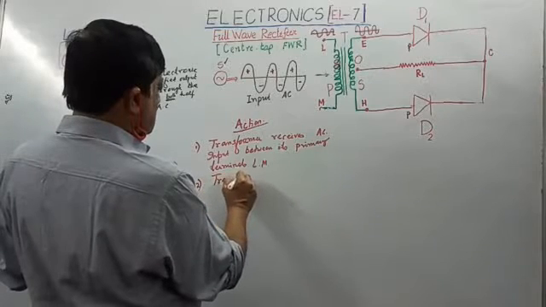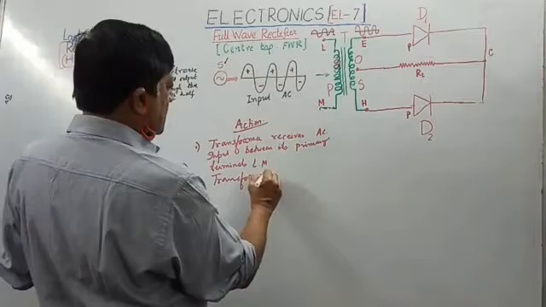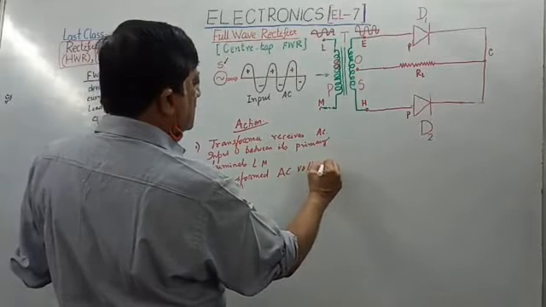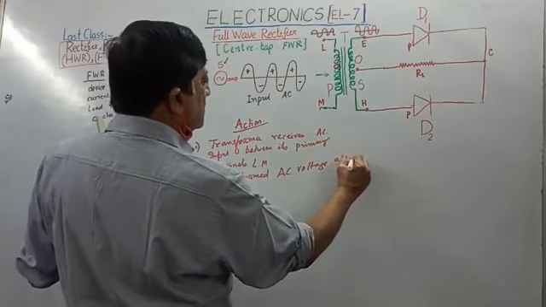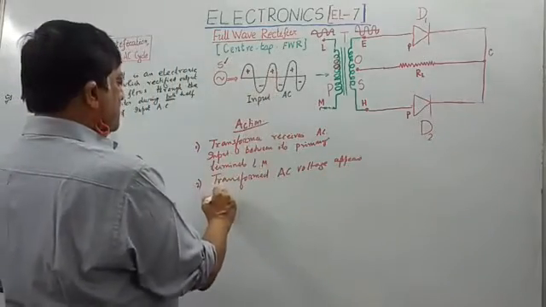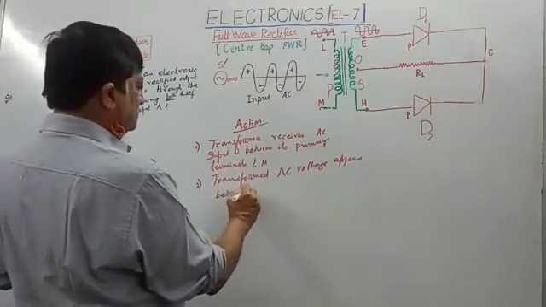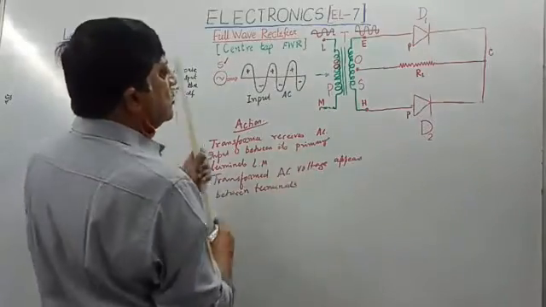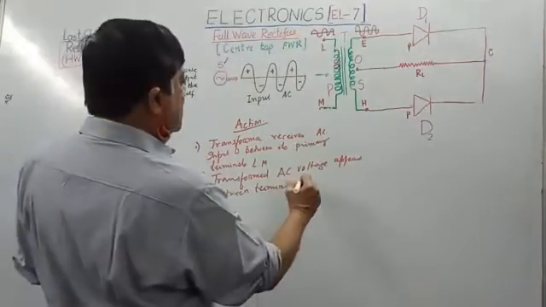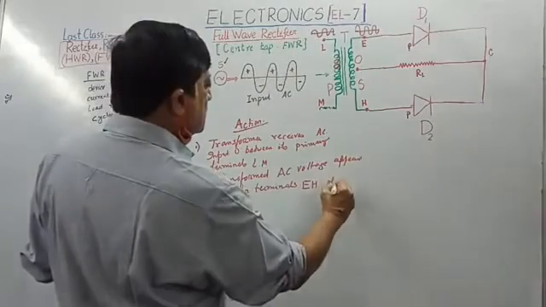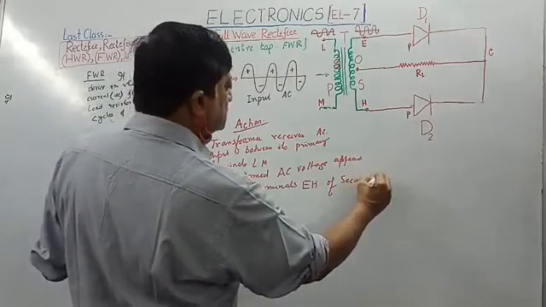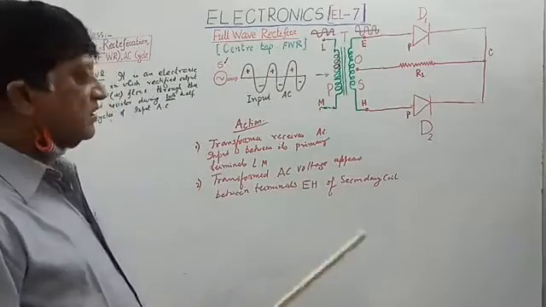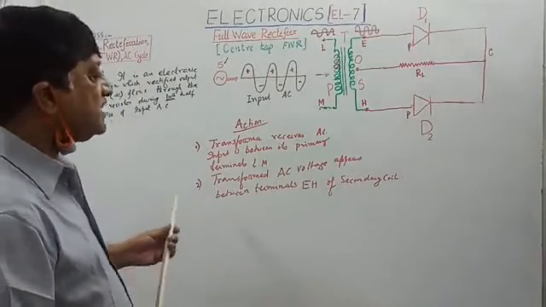Transformed AC voltage appears between terminals E and H of the secondary coil.